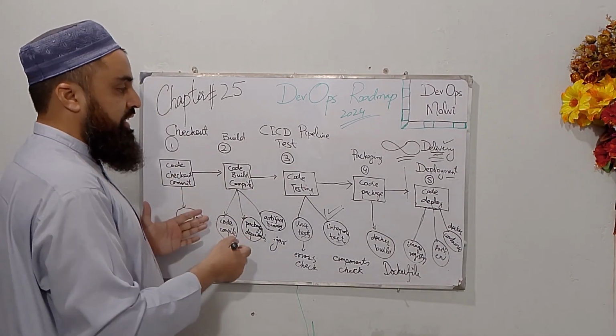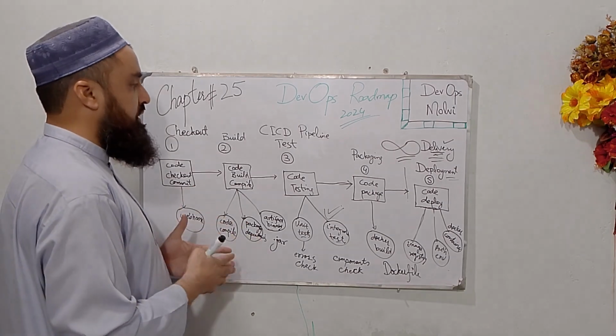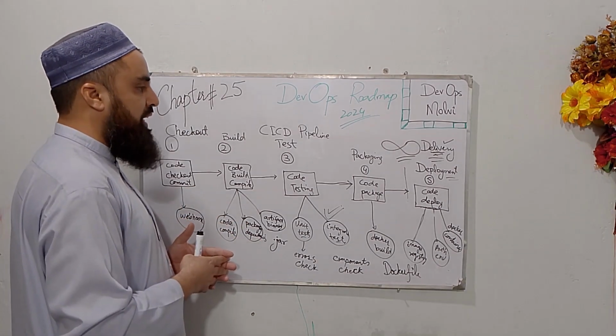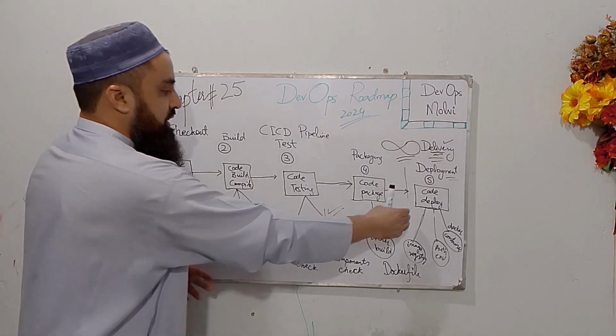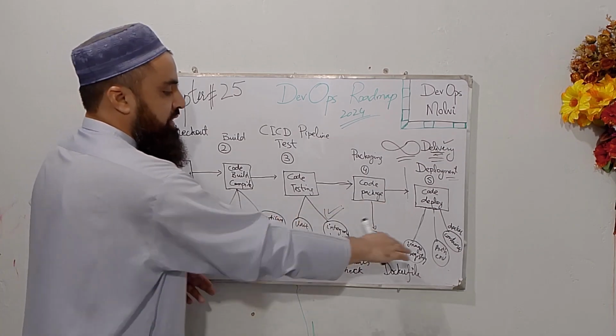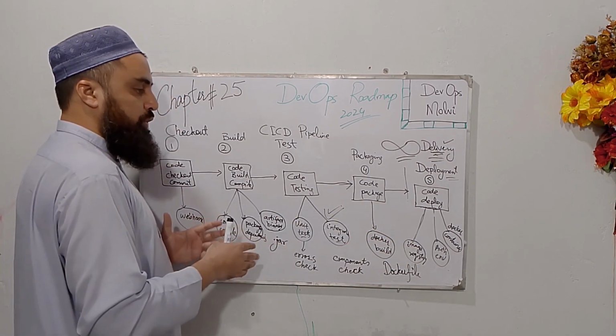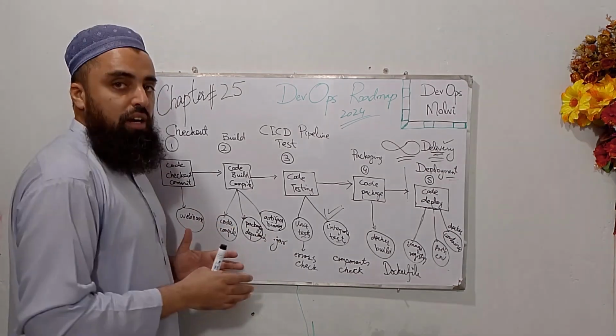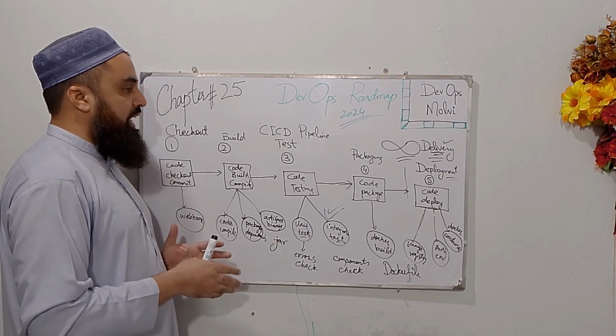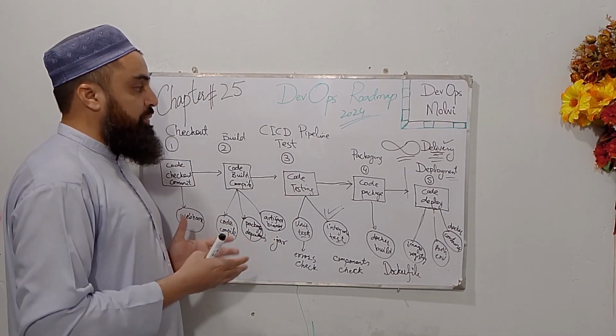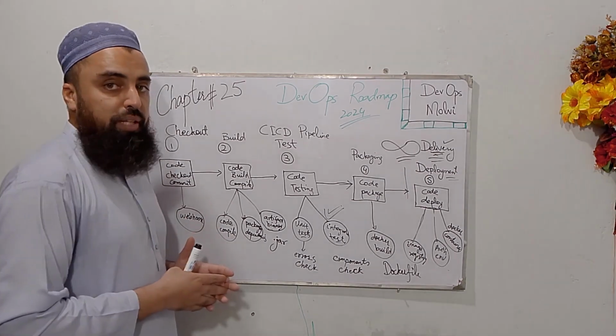So guys, these are the five major steps of a CI/CD pipeline, and all these steps are subdivided. I hope that now you have a clear picture of a CI/CD pipeline, and you know what the steps of a CI/CD pipeline are.